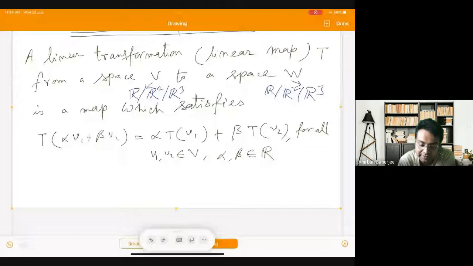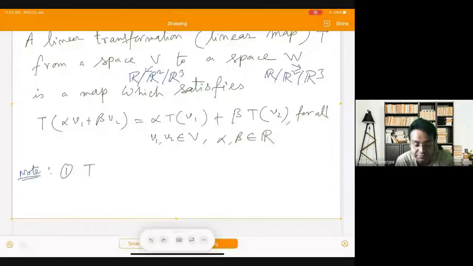Now we have a note. The important stuff is that if you have a linear transformation T, and if you give the input the null vector in V, because these two spaces could be different. Let's say V is R2 and W is R3. So null vector will be also different.